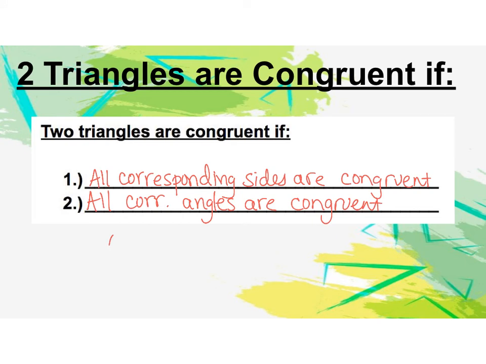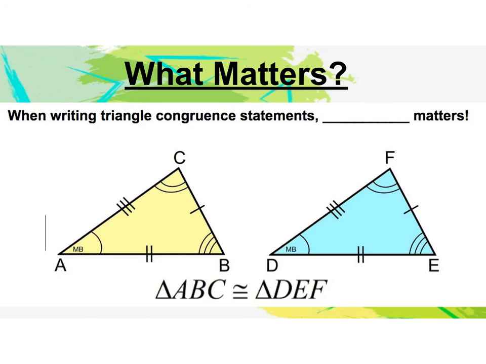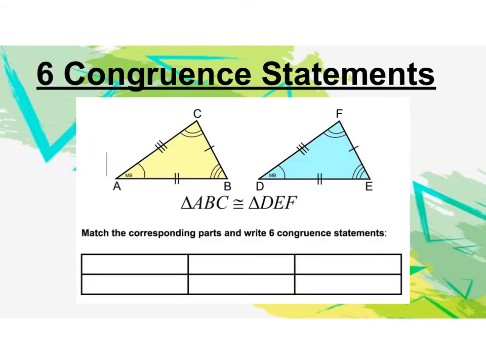So that means 6 parts because we have 3 pairs of sides and 3 pairs of angles. And then when you write your triangle congruent statement, order matters. And let's do this one more time. We did A, B, C. I'm going to collect D, E, F.